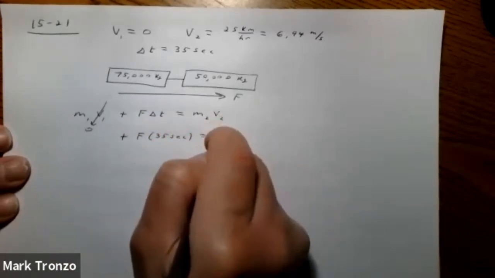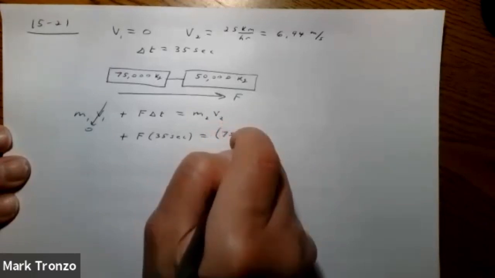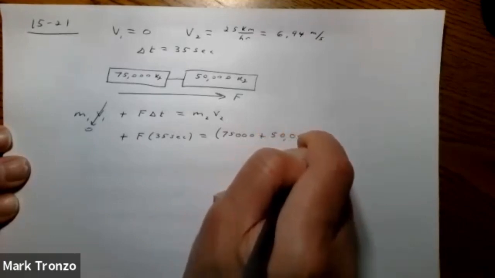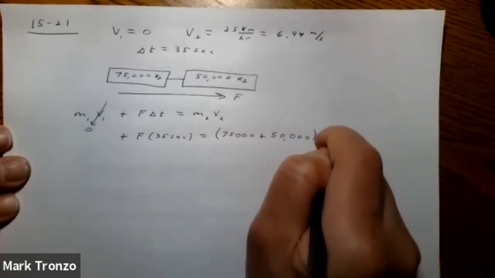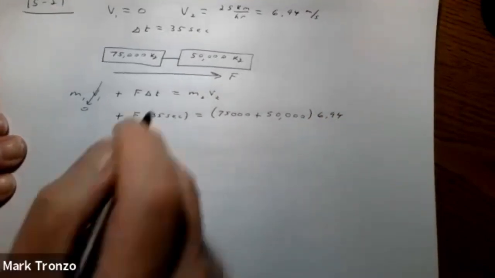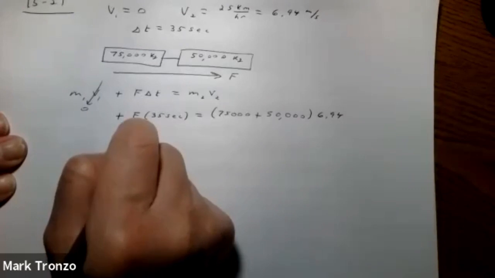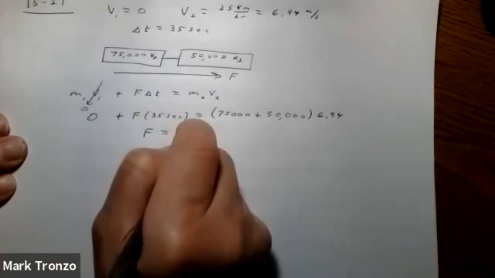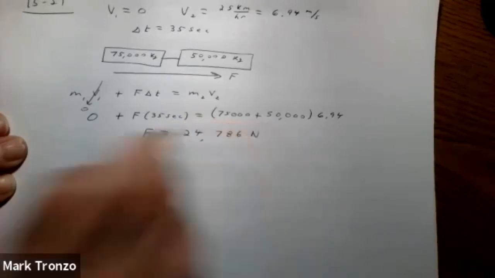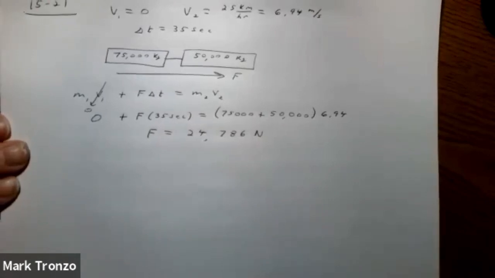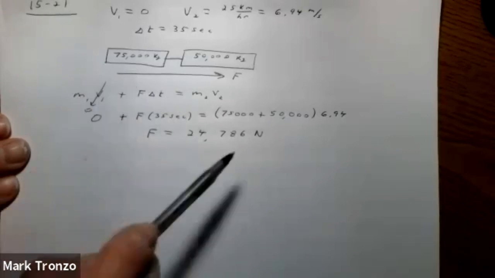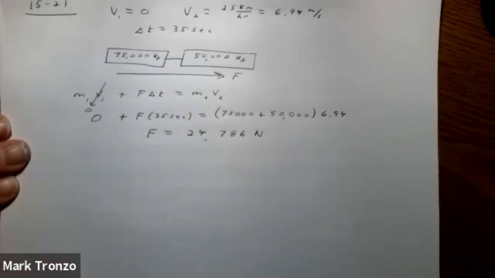And again, the mass is going to be the total mass, 75,000 plus 50,000, and our final velocity is 6.94. And so it's going to be around 24,786 newtons is what it's going to take to get this thing starting at 0 and getting it up to 6.94 meters per second.